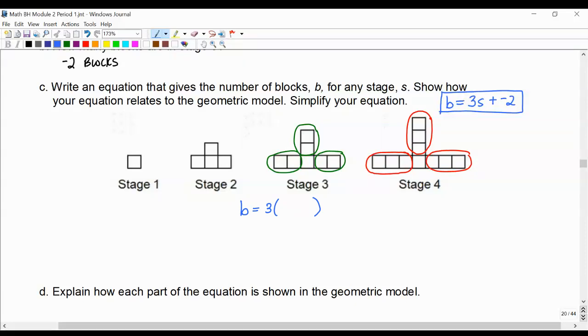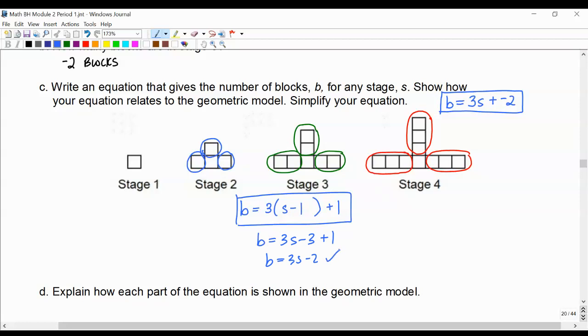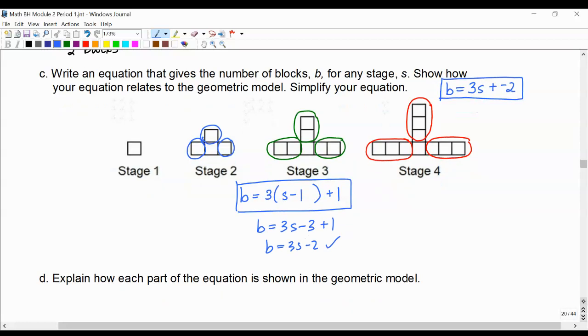Each one of these is 1 less than the stage number, but then we're missing our middle block. All right, let's see, these should be equal. So here's my other version of this. And I can mark it here too if I want to. All right, so B equals 3s minus 3 plus 1, which is B equals 3s minus 2. So it checks out. All right, so we built it 2 ways.